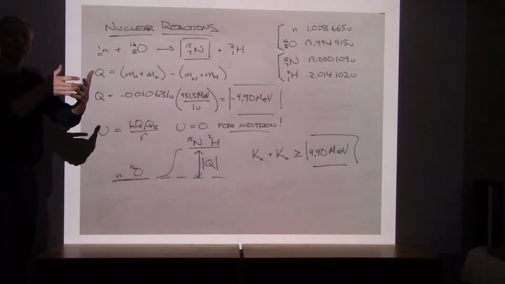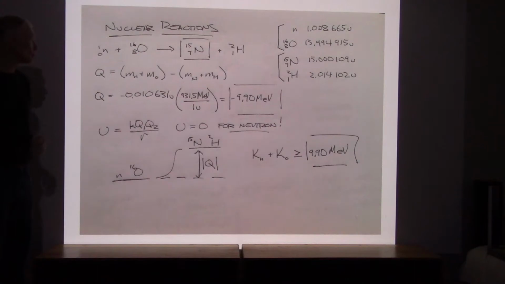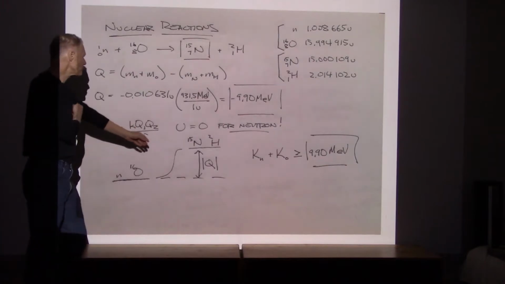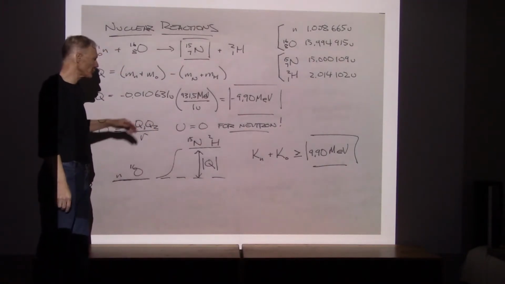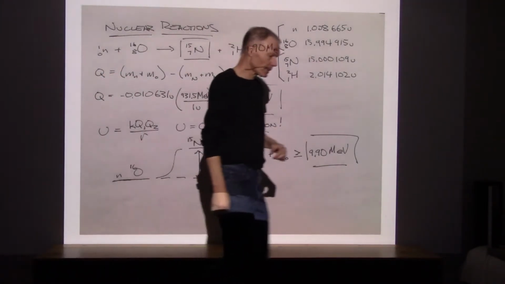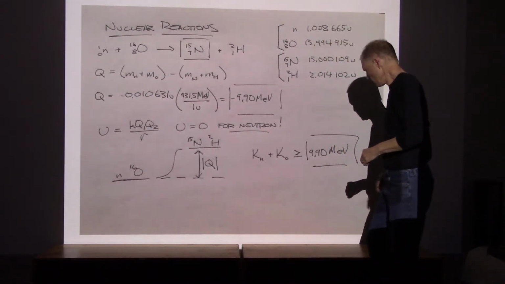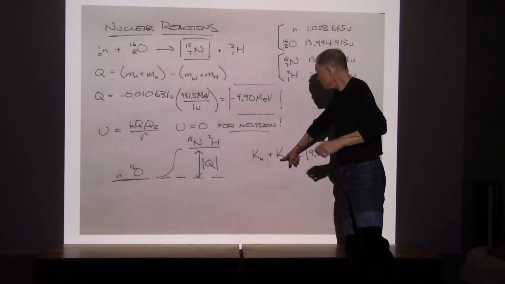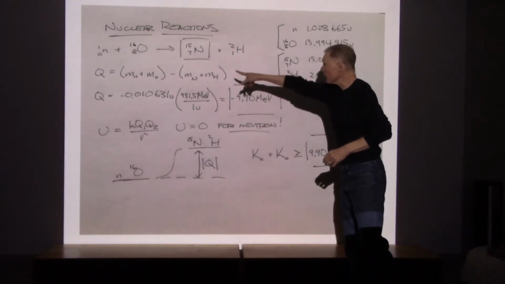A neutron can find its way in and react with a nucleus without any of the potential energy barrier from the electric force. So that was easy enough. U is equal to 0, that's a non-issue here. And that leaves us with the combined kinetic energy of the neutron coming in, plus possibly the kinetic energy of the oxygen.